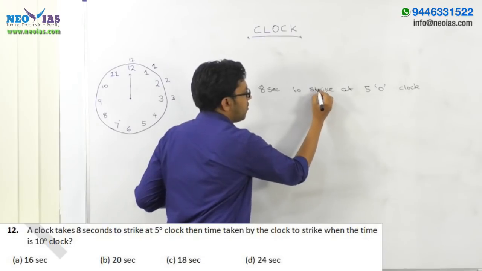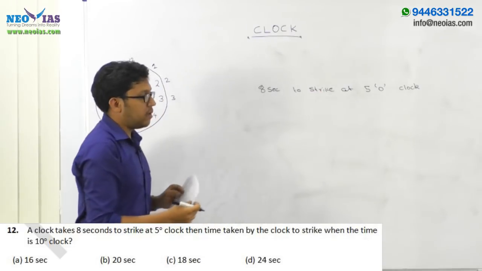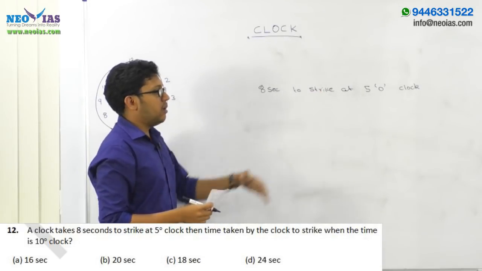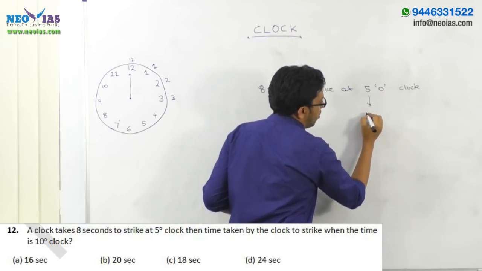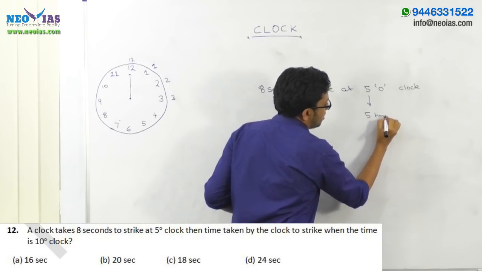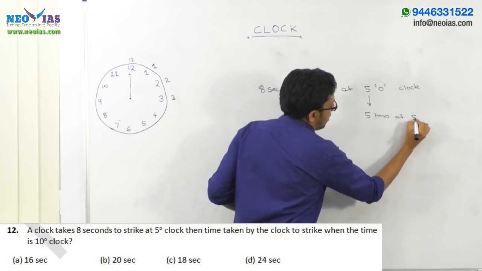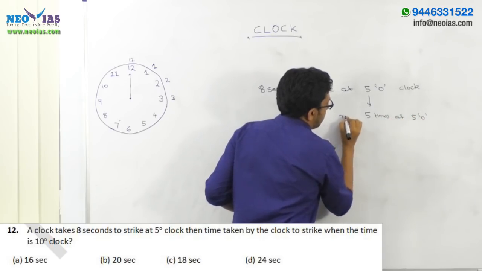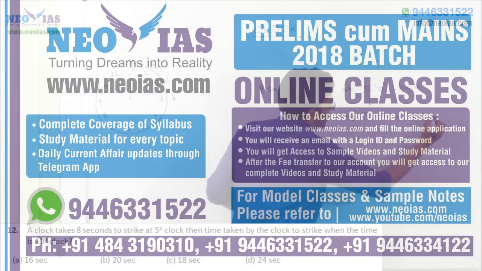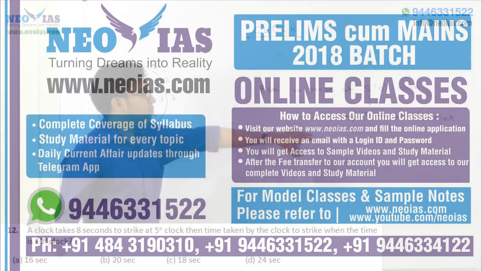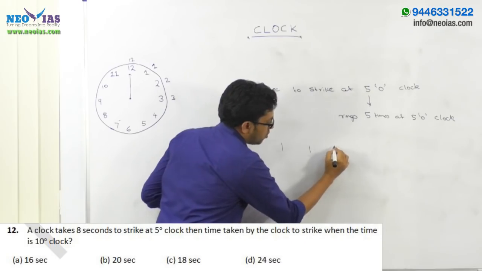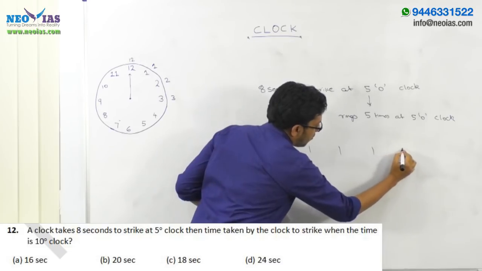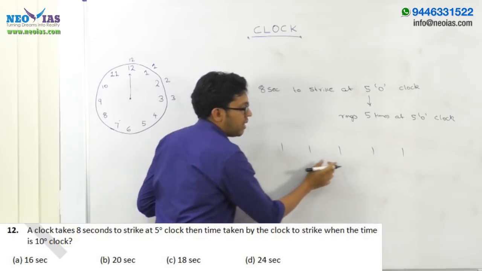A clock which rings at every hour rings 5 times at 5 o'clock. That is, at 5 o'clock the ringing will be like this: 1, 2, 3, 4, 5. 5 times this clock will ring.